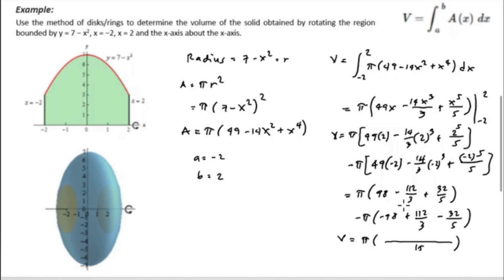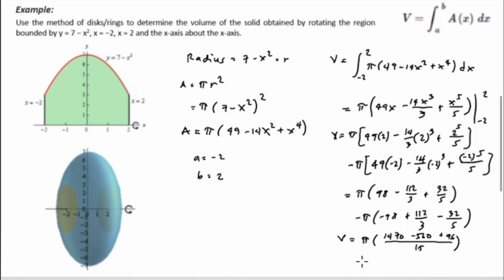So 98 times 15, we have 1470, and then 112 times 5, and it is equivalent to 560. So minus 560 and plus 32 times 3 or positive 96.